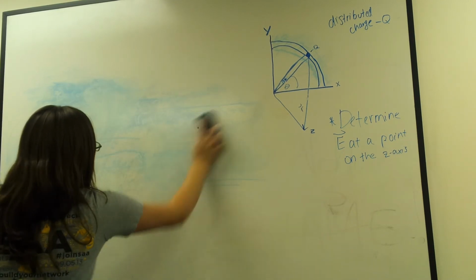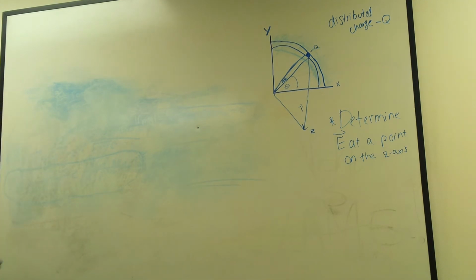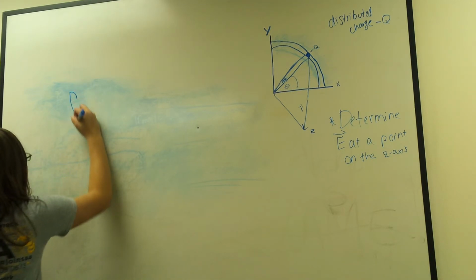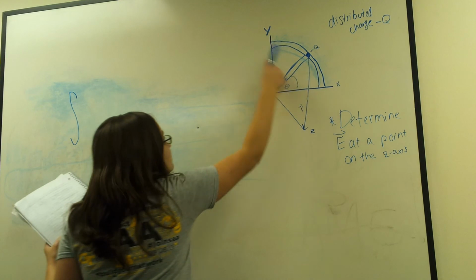The last part, of course, wants us to integrate. We're going to use our formula for E that we just derived and integrate from 0 to pi over 2.